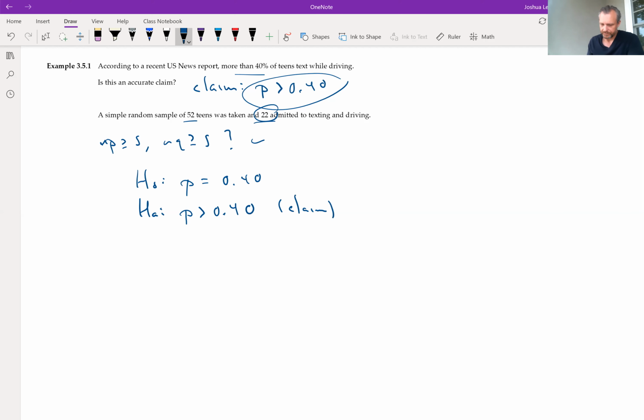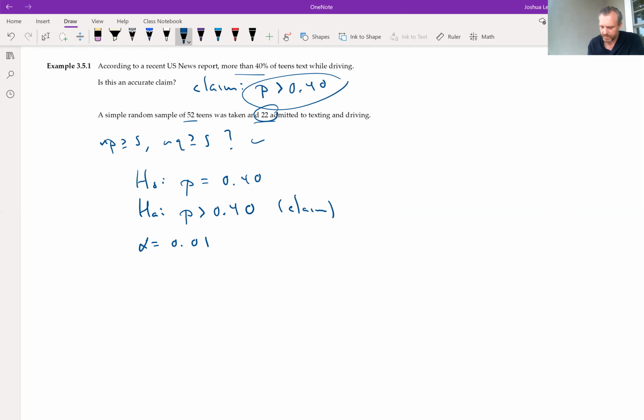All right. Now, notice that there is no significance level given. If there's no significance level given, we have control over what that is. And I think it would be good, just as a good practice, to choose 0.01 for our significance.